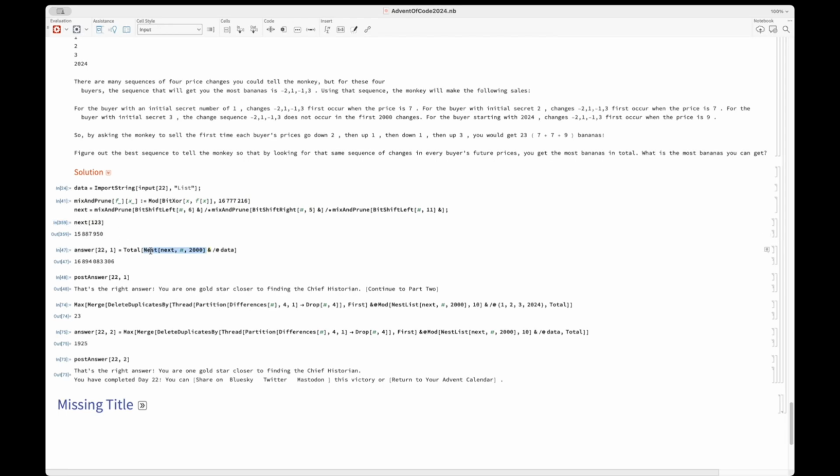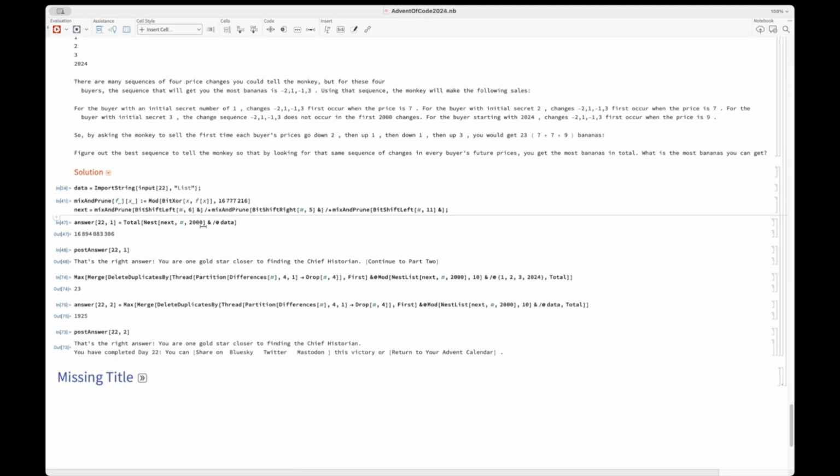If you do it 10 times on some number, you generate a list of numbers, a pseudo-random number sequence. The task was to run it 2,000 times for all the data points that you had. There's some lore about monkey prices you're computing, but don't bother about those. You just compute all of those numbers and add them up for the solution.